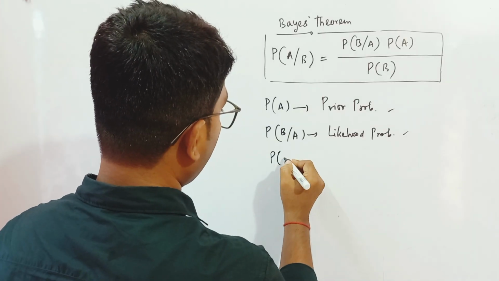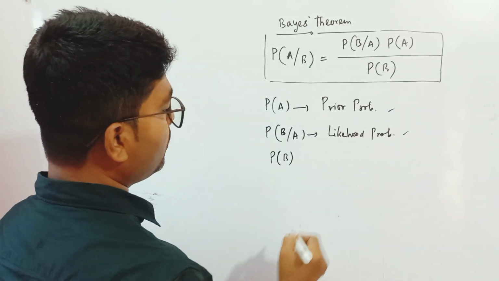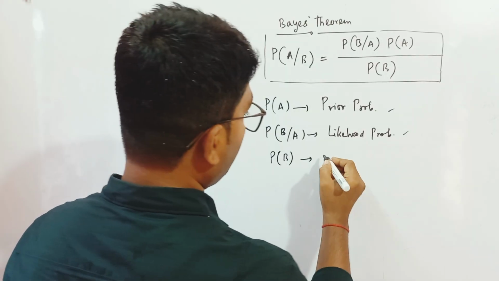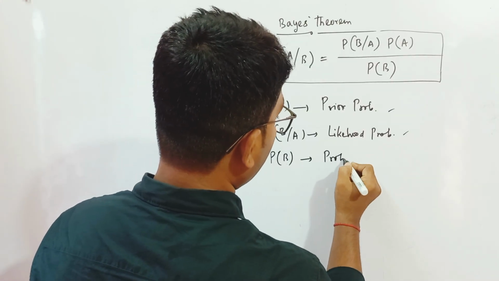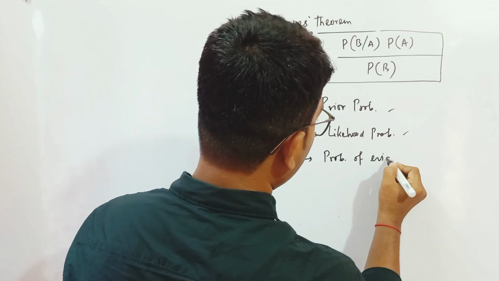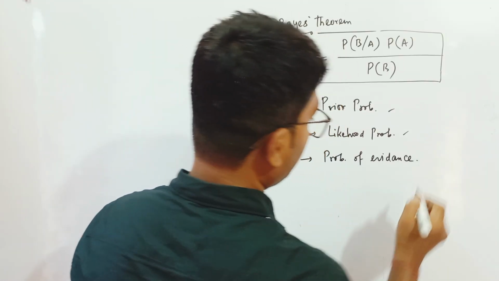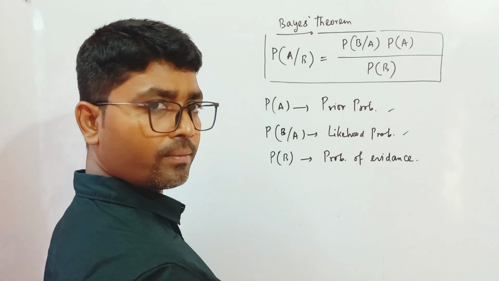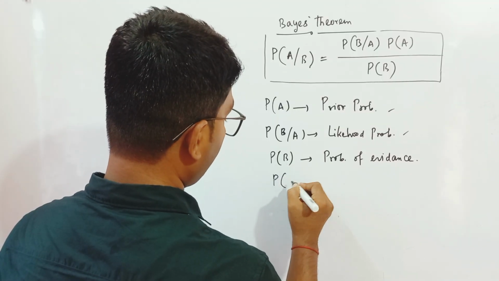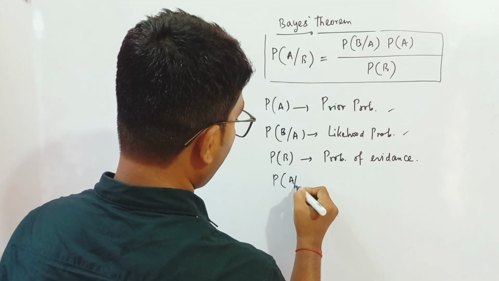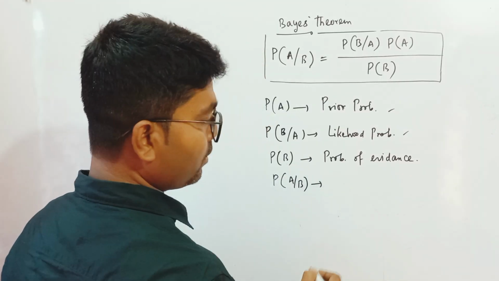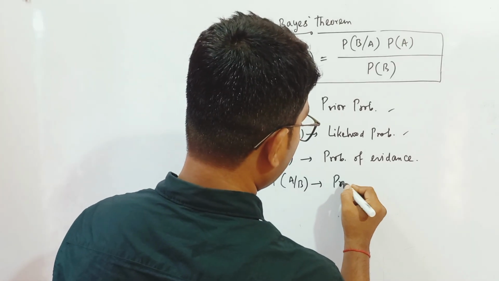Now, what is probability of B? Probability of B is the probability of evidence. That is the new information. And P of A by B is the posterior probability.